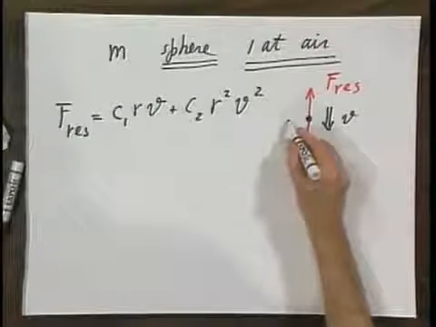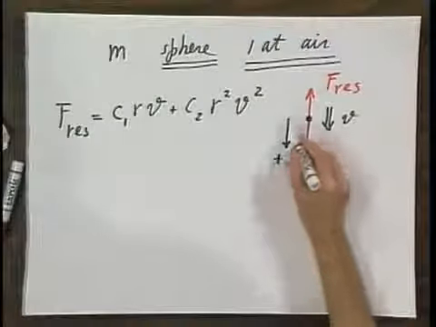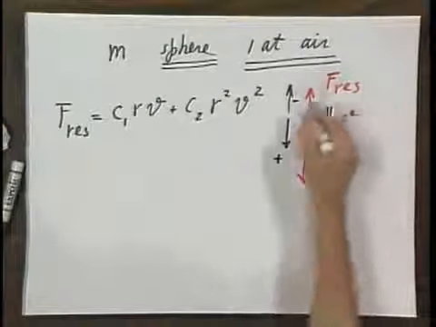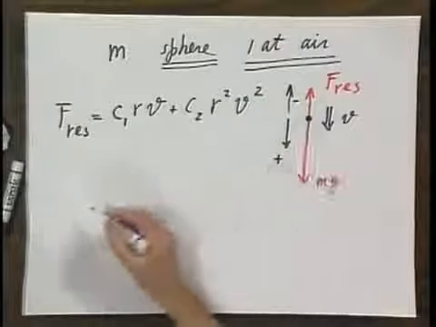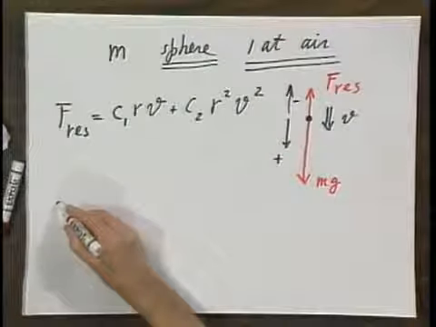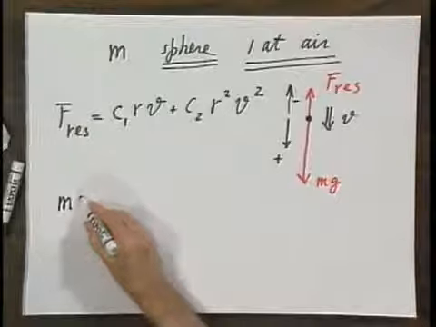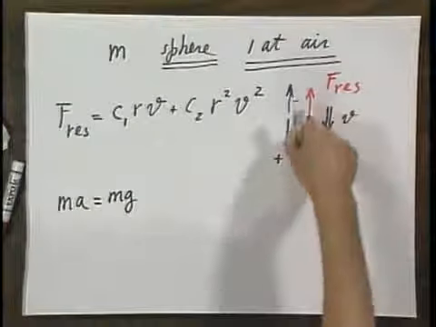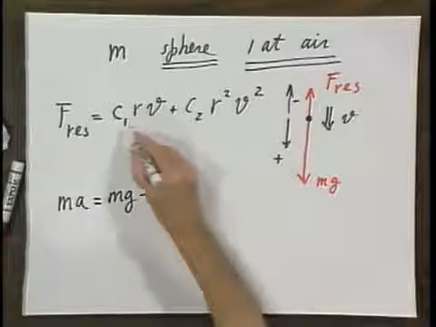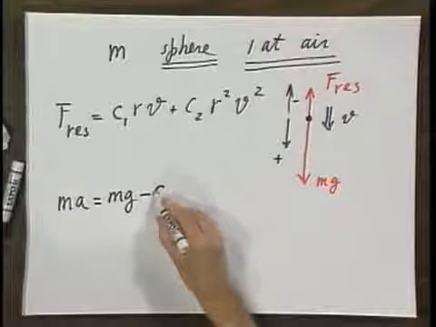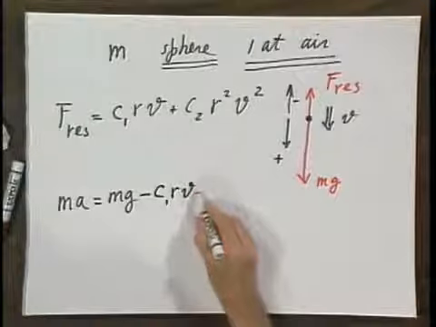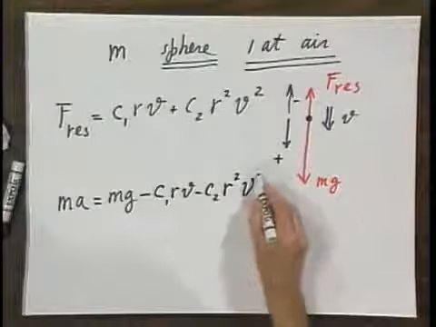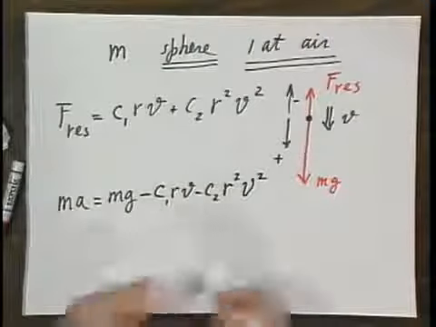If I call this the plus direction and this the minus direction, then the net force on this object, mass little m, Newton's law, F equals ma, so that force ma equals mg in the positive direction, minus the resistive force, minus c1 r v, minus c2 r squared v squared.